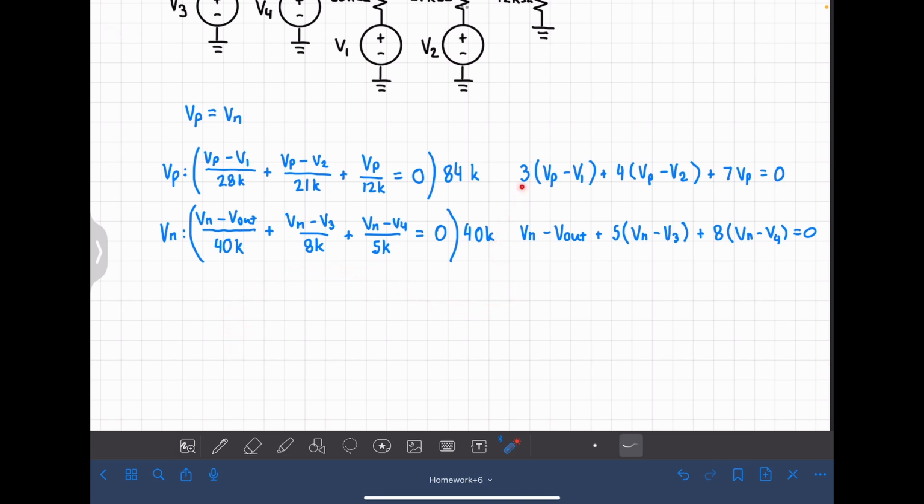We're going to have 3Vp plus 4Vp plus 7Vp, that's 14Vp, and then minus 3V1 and minus 4V2 equals 0. So 14Vp equals 3V1 plus 4V2. And we could divide over the 14.